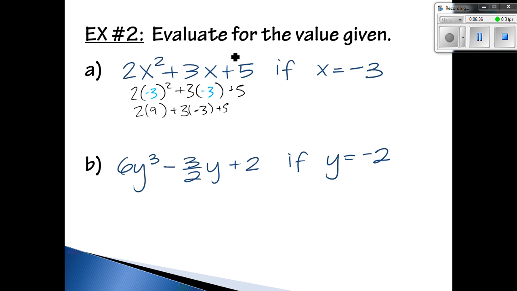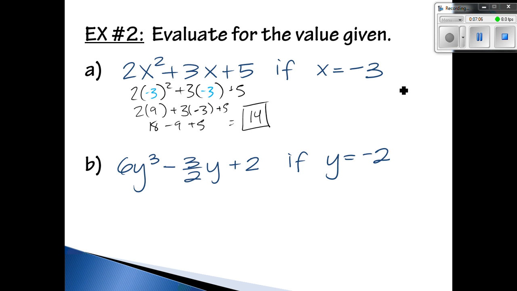After exponents, we do multiplication or division, so I can multiply. 2 times 9 is 18. 3 times -3 is -9 plus 5. And now we have 18 minus 9 plus 5. What's 18 minus 9? 9, and 9 plus 5 is 14. So our final answer would be 14.